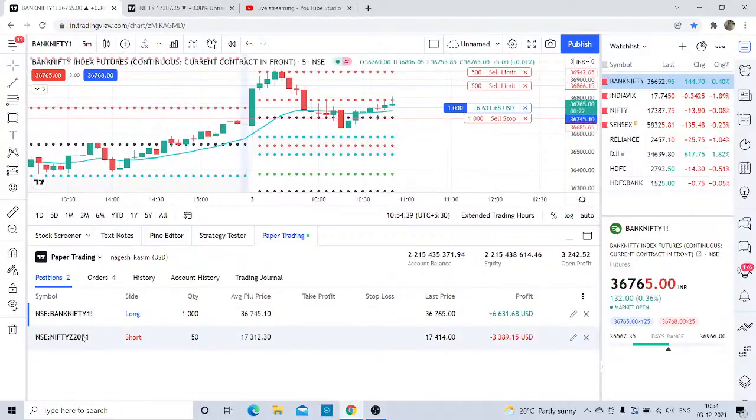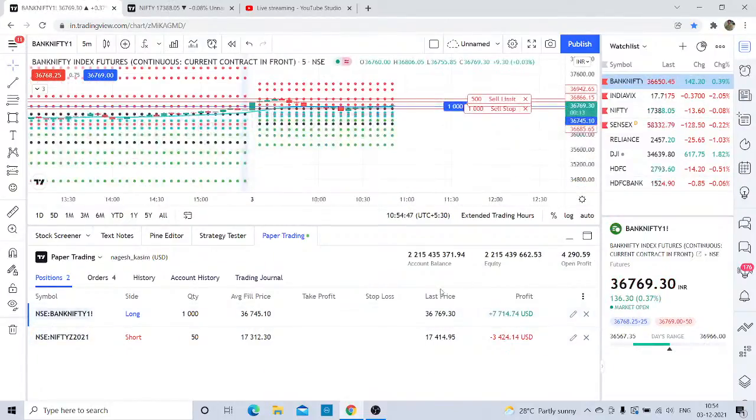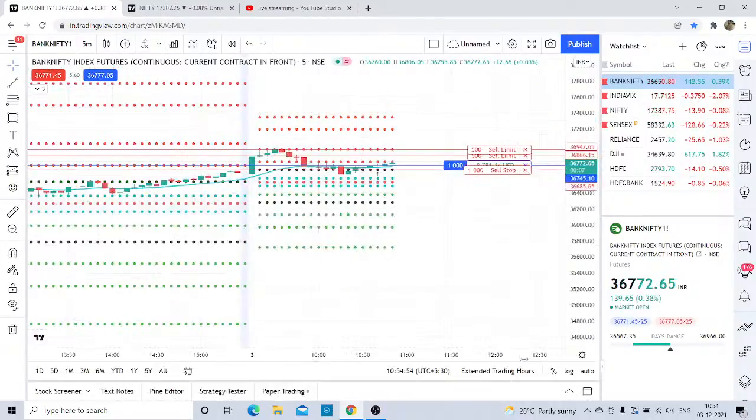This is my yesterday's short in Nifty where I'm making a loss. Okay, this is today. I'm making a profit of 7,000, 8,000.